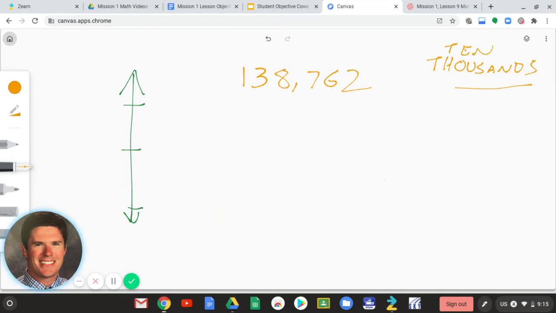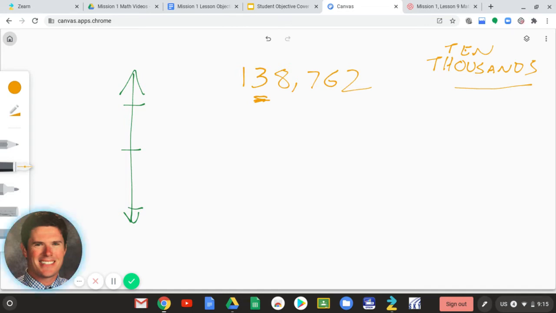We might be given that same number, 138,762, but now we're asked to round to the nearest 10,000s. So same number, but rounding to a different place value. The 3 is in my 10,000 spot.